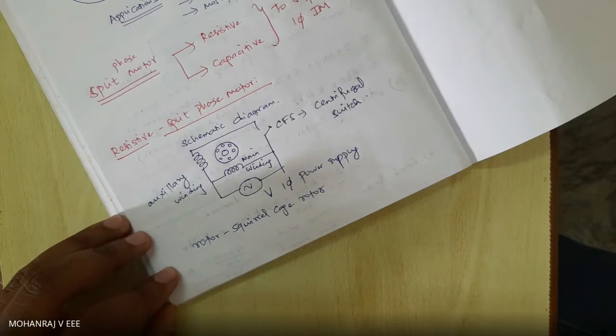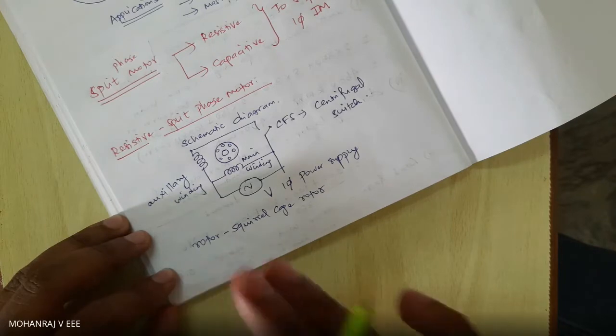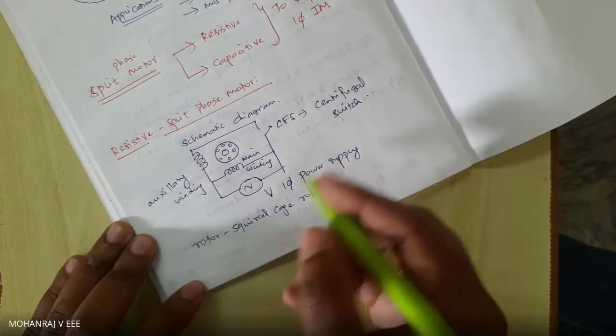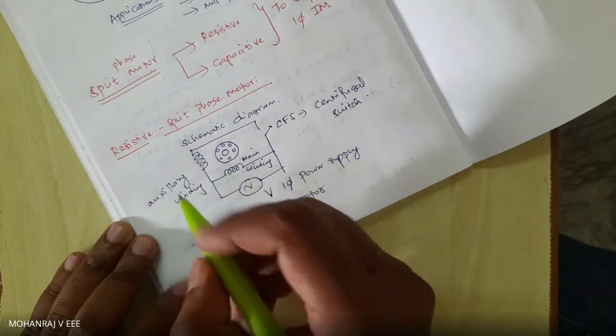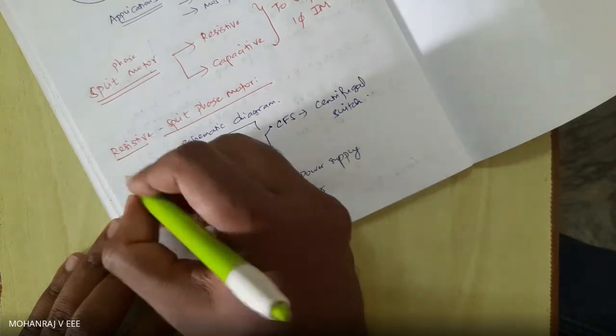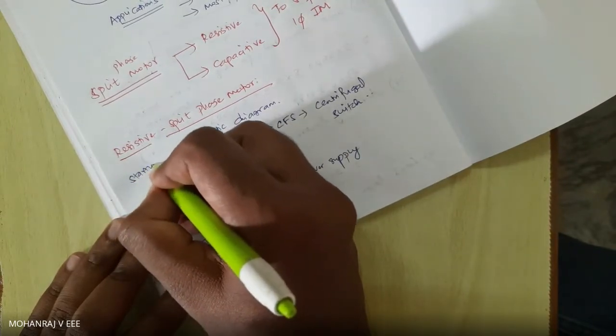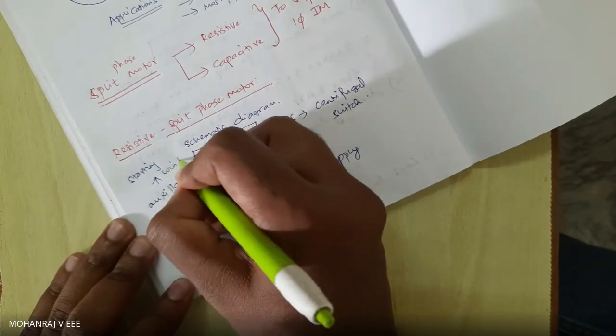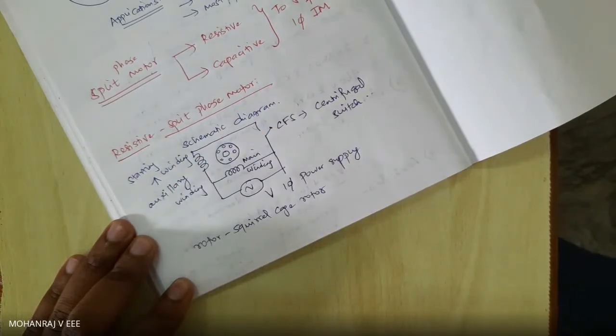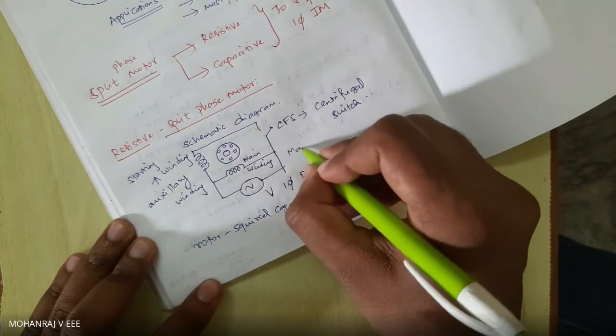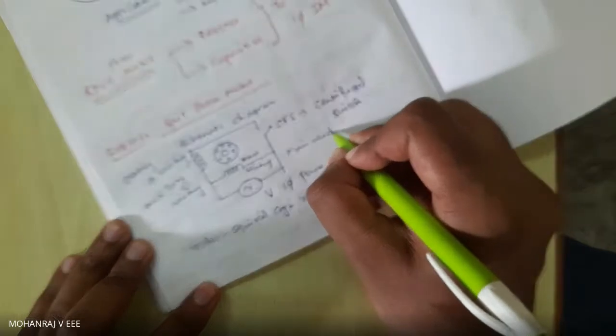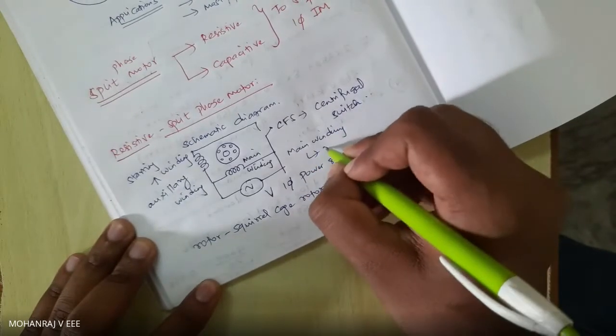The rotor is a squirrel cage rotor, whereas my stator has the main winding and auxiliary winding as well as a centrifugal switch. We will be discussing the use of all these. Now, what is the other name for my auxiliary winding? My auxiliary winding can also be called the starting winding. My main winding can also be called the running winding.